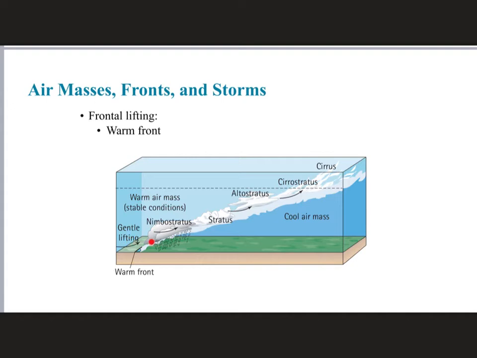And you can see that as the warm air front moves up, the different types of clouds form according to their altitude. So we know the nimbostratus and the stratus clouds are in the lower region. You get altostratus and cirrostratus, and finally cirrus clouds. All these kinds of clouds form as they move up in altitude, as the warm front sort of gets pushed up and over the cool air mass that it's moving into.